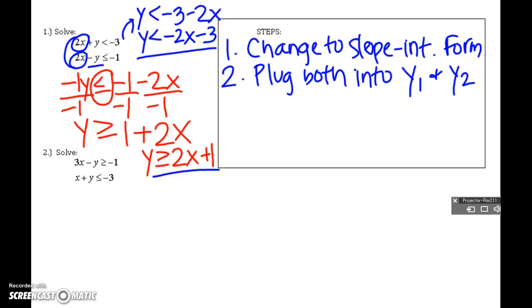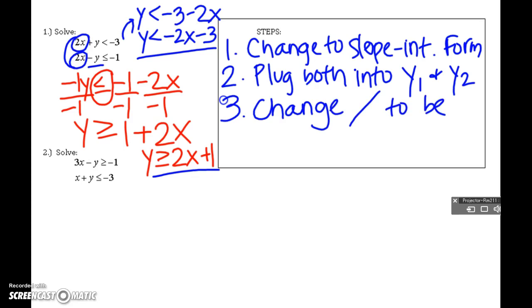And then the last thing you want to do is change the line to be shaded. So you'll see what I mean by that. So I'm going to show you how to use your graphing calculator to plug both of these in.